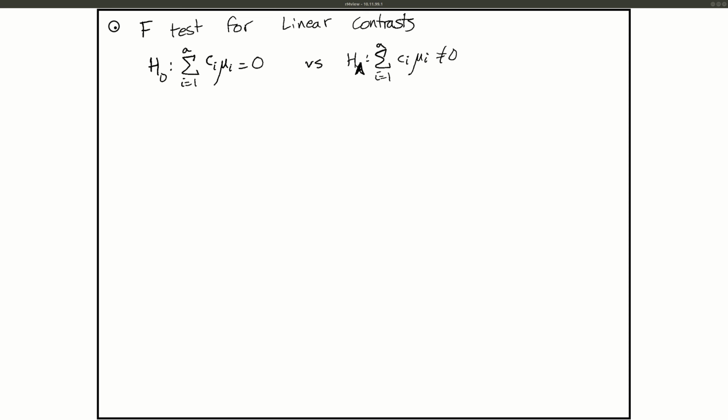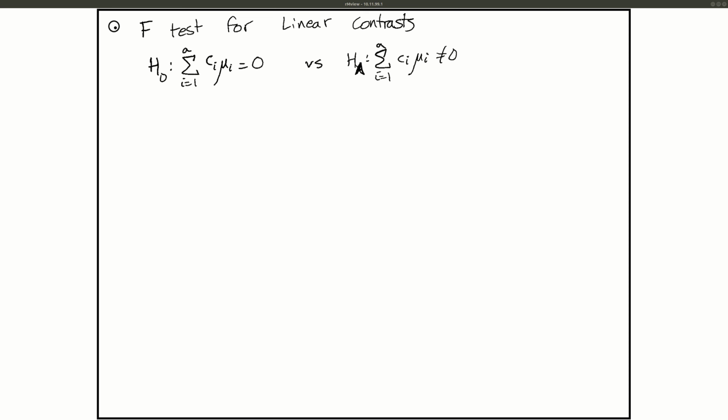But in short, the f-test allows us to partition the variability of our treatments amongst many different contrasts. And from that we can gain additional insight into what's going on in our study. So let's talk a little bit about how we conduct such an f-test.